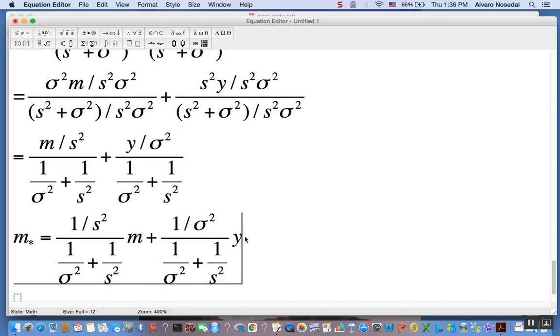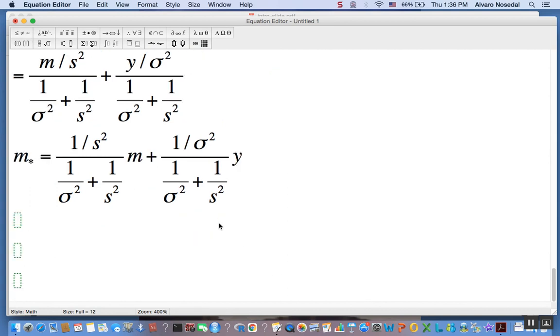This is the precision of your observation divided by the posterior precision. Something more. Note that the sum of these weights equals 1. So this is a proportion, and this one is also a proportion. Make sense? So it's a weighted average where you have these multipliers being the proportion that you assign, the weight that the prior mean is going to have and the weight that your observation is going to have with respect to the posterior precision. Make sense?